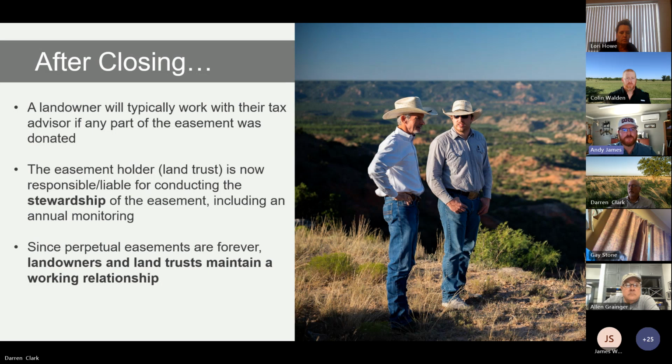From TALT's perspective, that's a great opportunity for us to work with that landowner. Are there ways that we can identify how to help? Are there other things that we can do to help that landowner? At the same time, we can verify that there are no new condos and hotels that have been put on the property, and that everybody is following the easement as they intended.